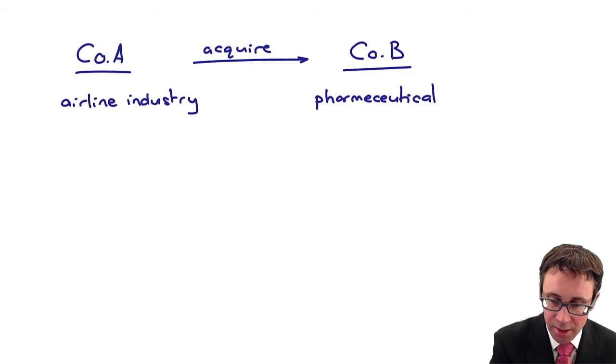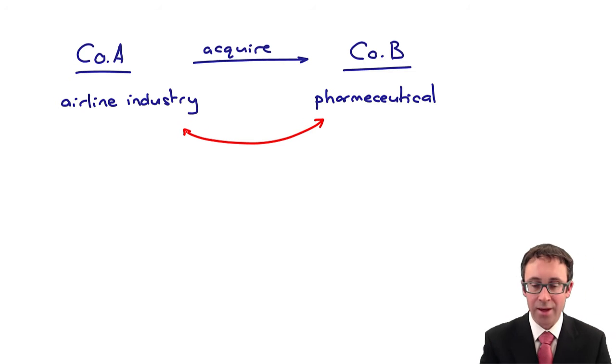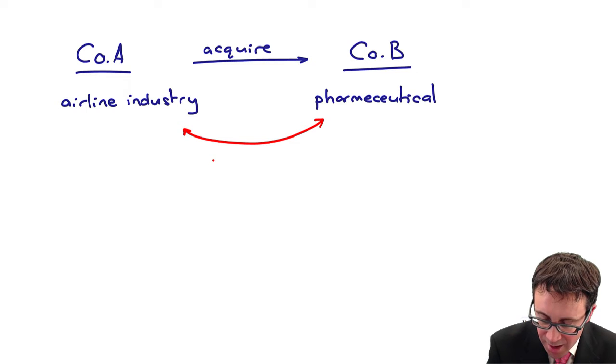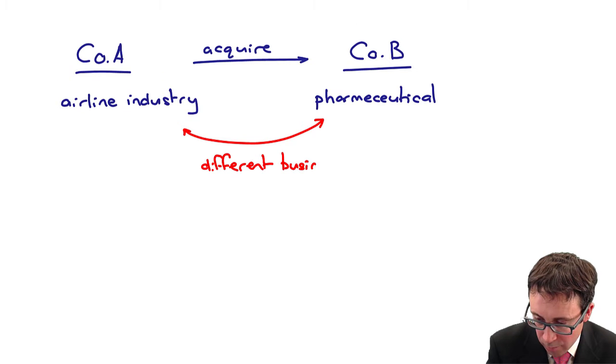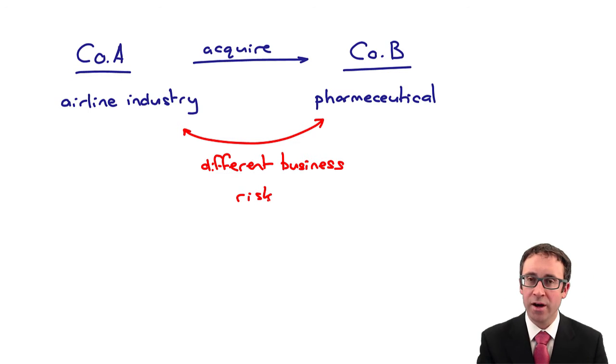Now what you can see straight away, by looking at the airline and the pharmaceutical industry, is that they have different levels of business risk. I think that's quite clear without me having to explain any further.